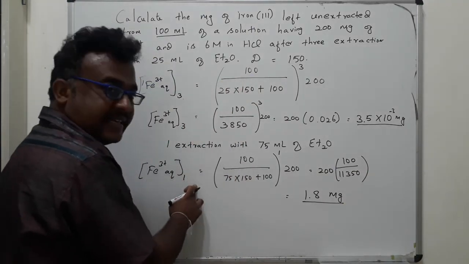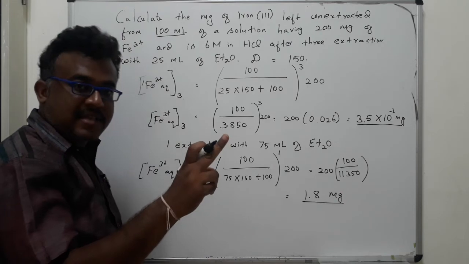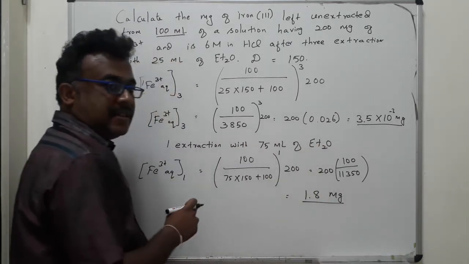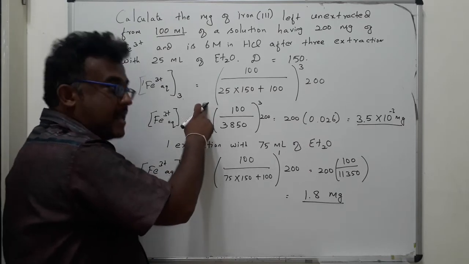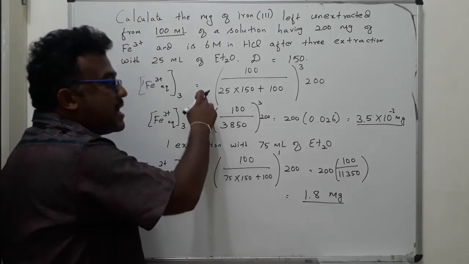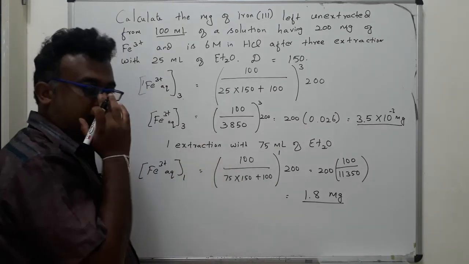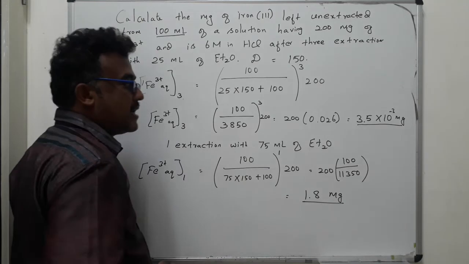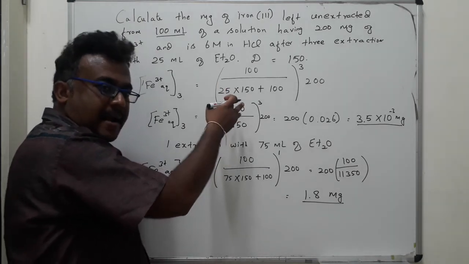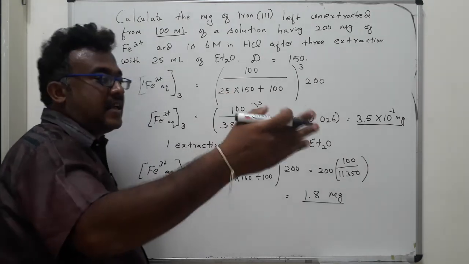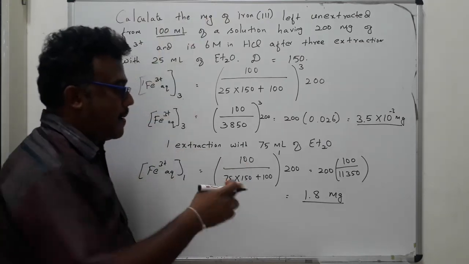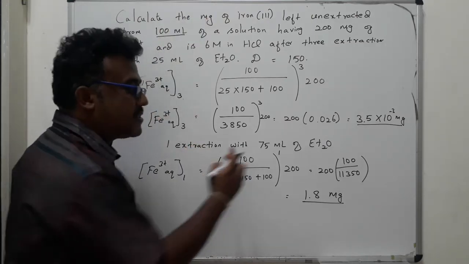But in the second case, only one time extraction, at one time they have used all 75 ml of ether. Above also they have used only 75 ml of ether in total. The difference is 3 extractions here, 1 extraction there. In the first case, they used 25 ml, another 25 ml, and a third extraction of 25 ml. But here, only 1 extraction with 75 ml of ether.